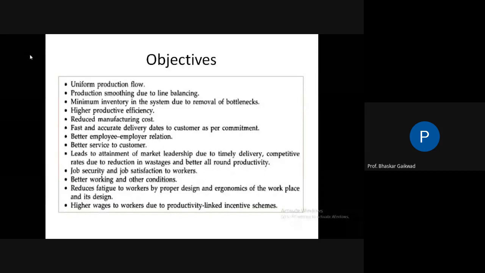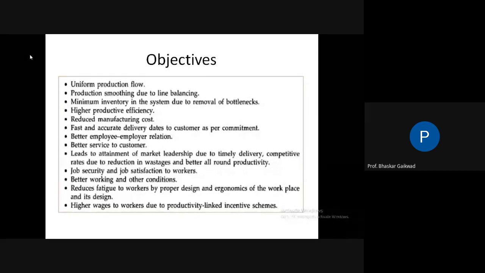In order to achieve smooth production from the raw material to the finished product with less input and less cost, this is actually the main motto of our work study. These are the objectives.